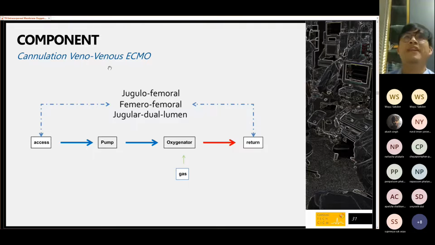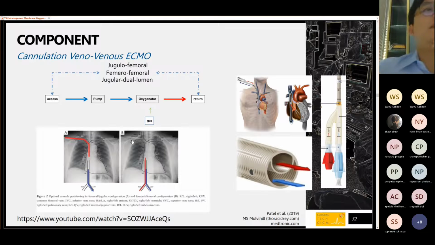So the venous cannulation options are here. It might be from the jugular, femoral, okay, femoral and jugular, and dual lumen. Right. So here is the cartoon. Now you see this picture A drains the blood from the IVC and returns to the subclavian vein here and to the RA.